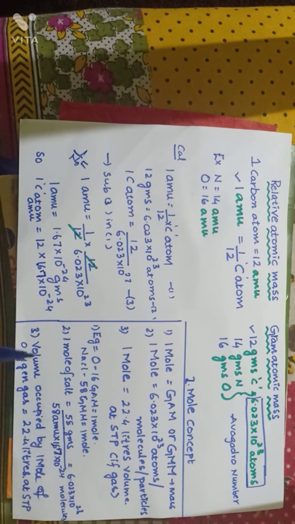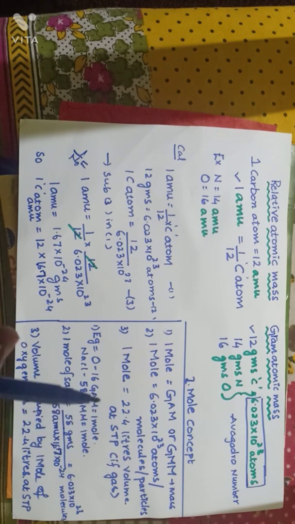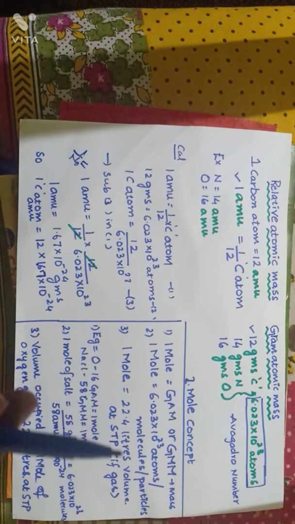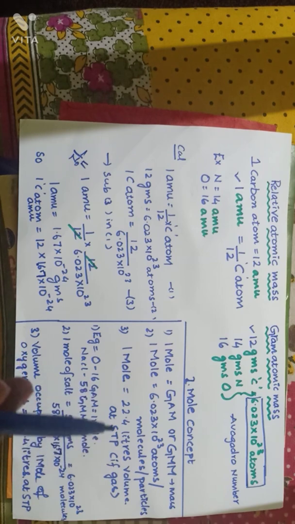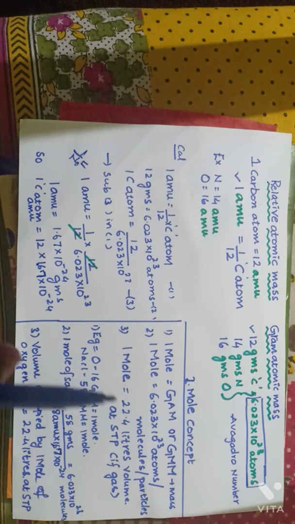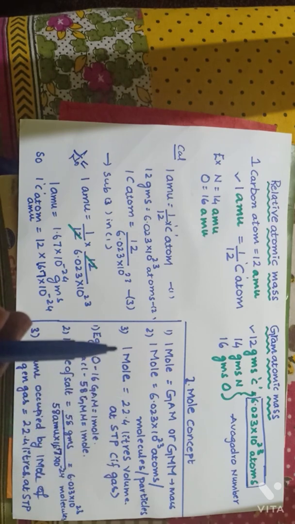Now this is a special case that only applies for gas. At standard temperature and pressure, if oxygen gas is taken, for example, 22.4 liters of gas is equal to 1 mole. That means the oxygen gas occupies a volume of 22.4 liters, which is equal to 1 mole.